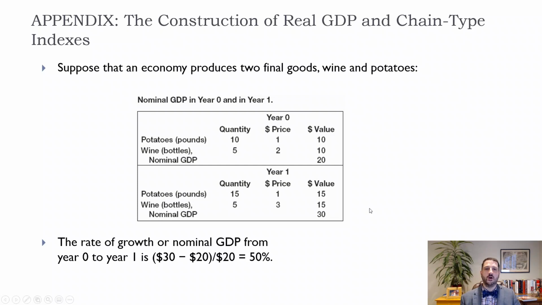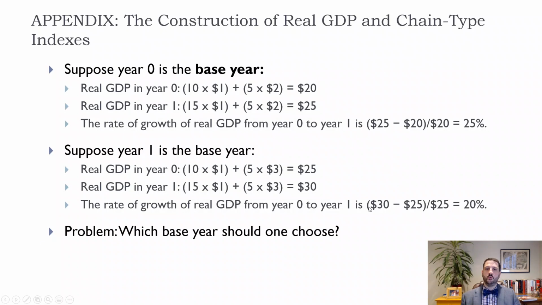Okay, but what about real GDP? Well, with real GDP, we have a choice to make. We need to choose which base year we're going to use. Are we going to use year 0 or are we going to use year 1? If we use year 0 as the base year, then remember the prices are $1 for potatoes and $2 for wine. We get 10 times 1 plus 5 times 2 is 20 for real GDP in year 0.